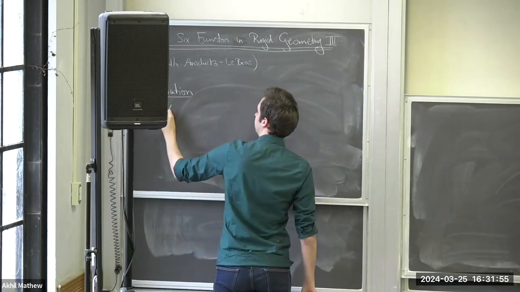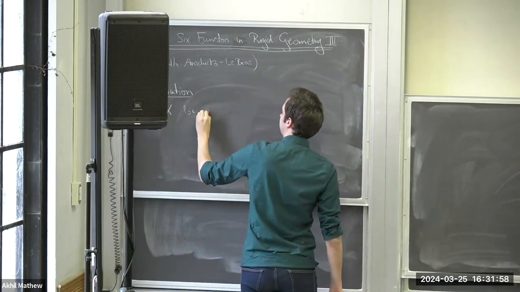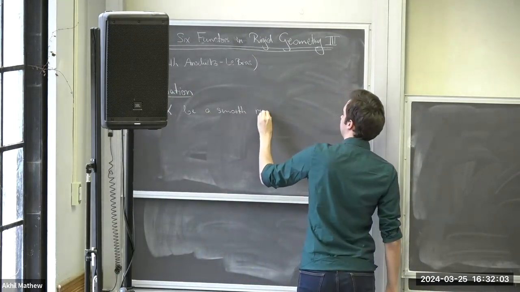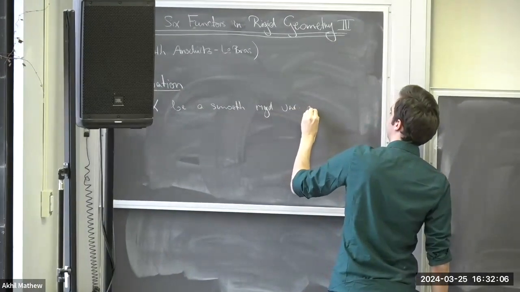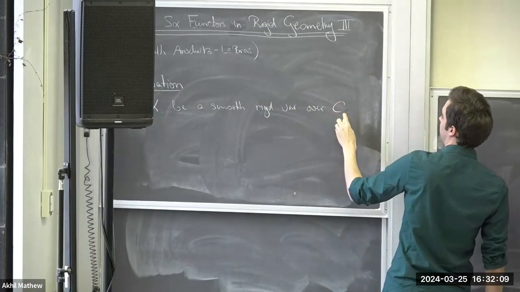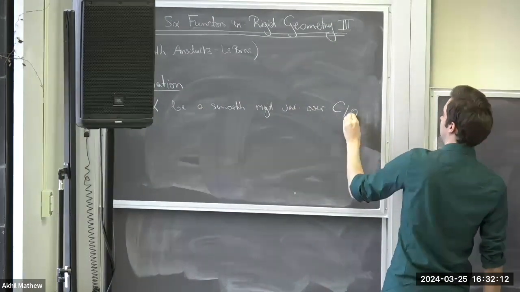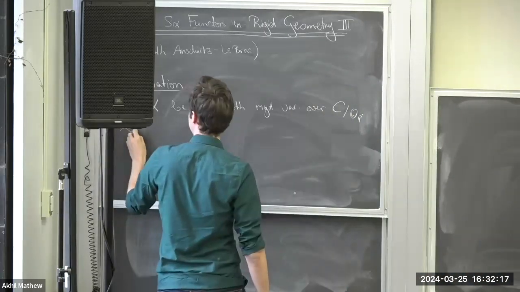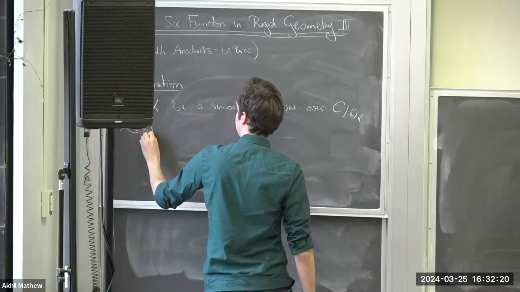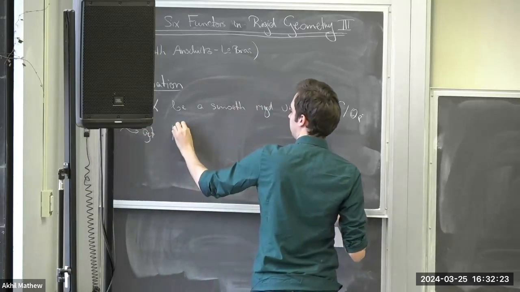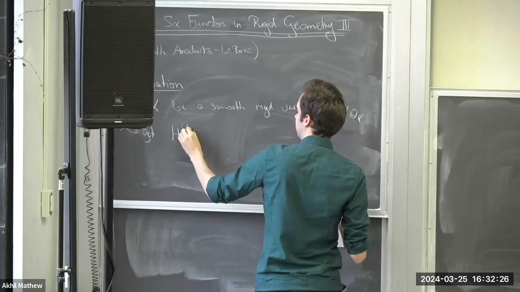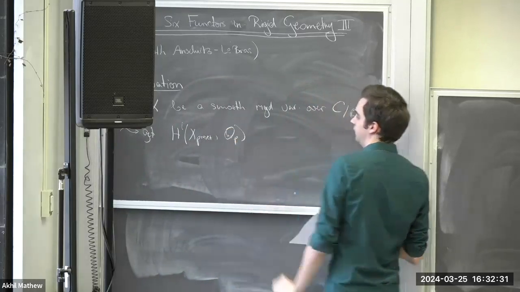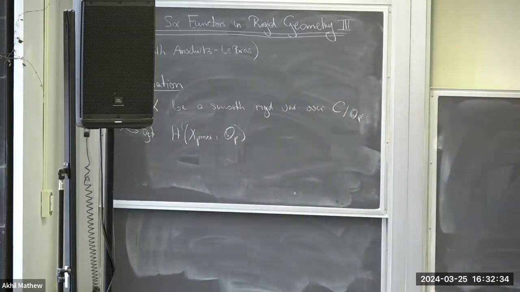So again, let X be a smooth rigid variety over C, which itself is a complete algebraically closed extension of Q_p, and then we can associate the Q_p cohomology, which is the cohomology on the pro-étale site of X of the sheaf Q_p, which itself is a pro-étale sheaf.